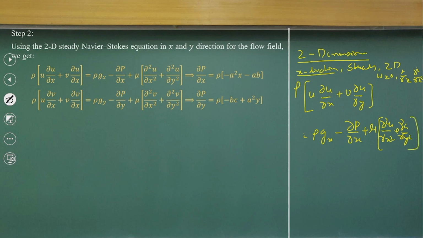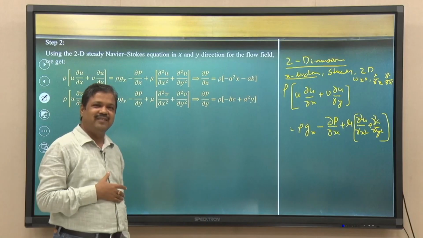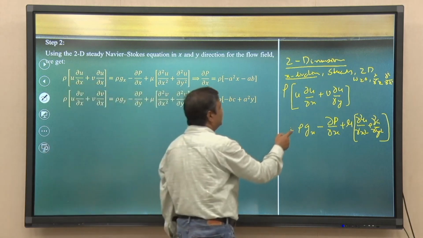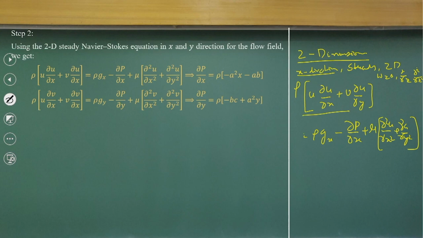You have to have a trick to expand the Navier-Stokes equations. Look at the local acceleration term, the gravity force component, the pressure force component and the viscous force. The gravity term is 0 anyway, we made it so, there is no component of g x.